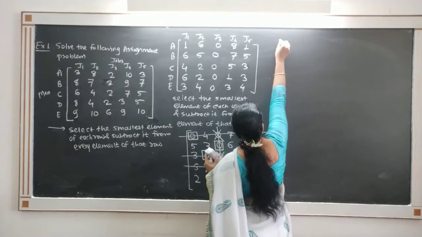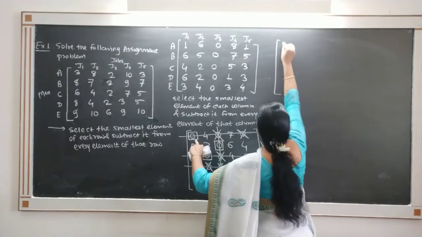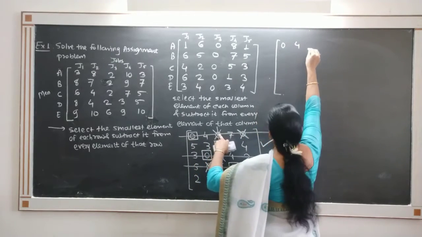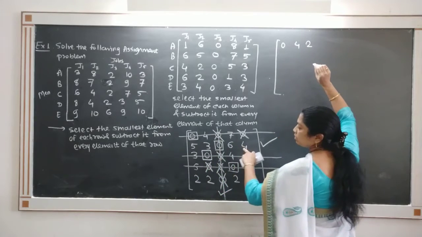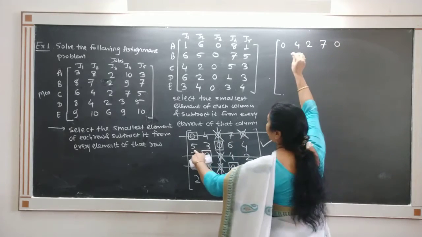So we get the next matrix as 0, 4, add 2 at the intersection, so 2, 7, 0, 5.